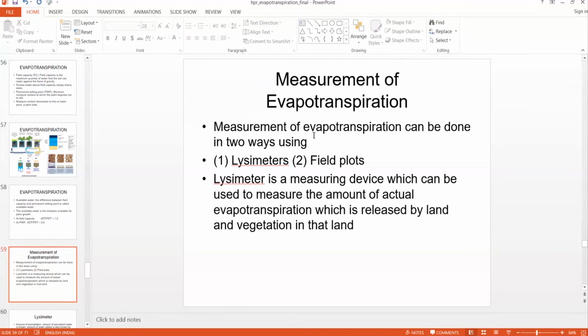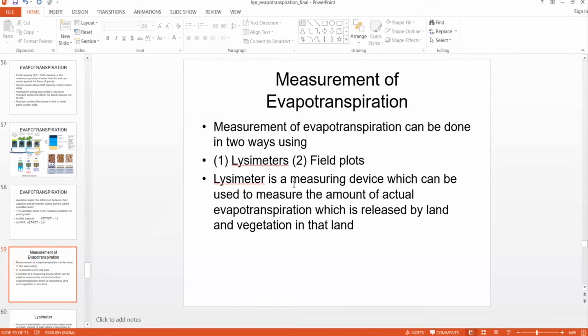So, measurement of evapotranspiration. Earlier, to measure evaporation, we know that evaporimeters are used, but similarly, to measure evapotranspiration, there are two methods experimentally, named lysimeters and field plots.